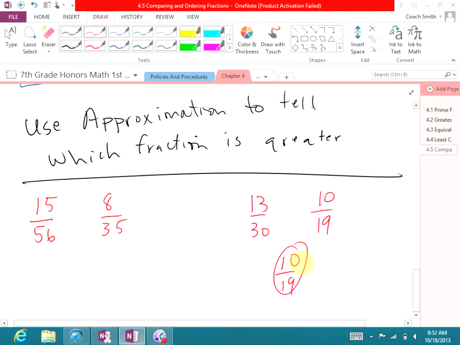Now, that was easy, and a lot of them are built that way, where it's close to a half. These two are not close to a half, but they are close to 1/4. What is 1/4 of 56?